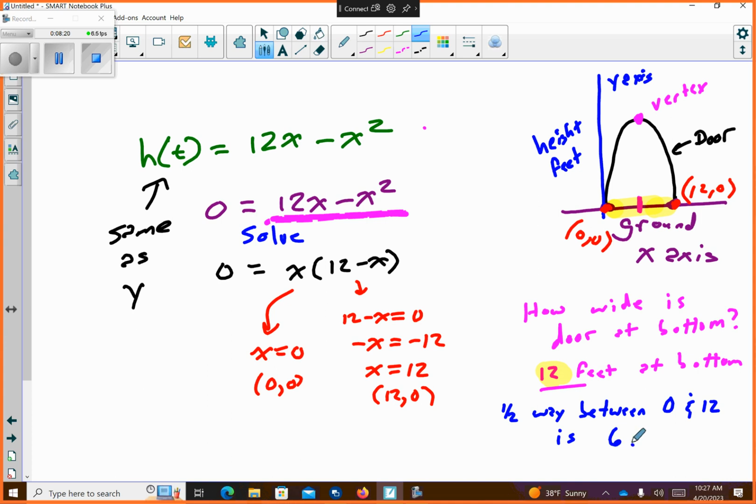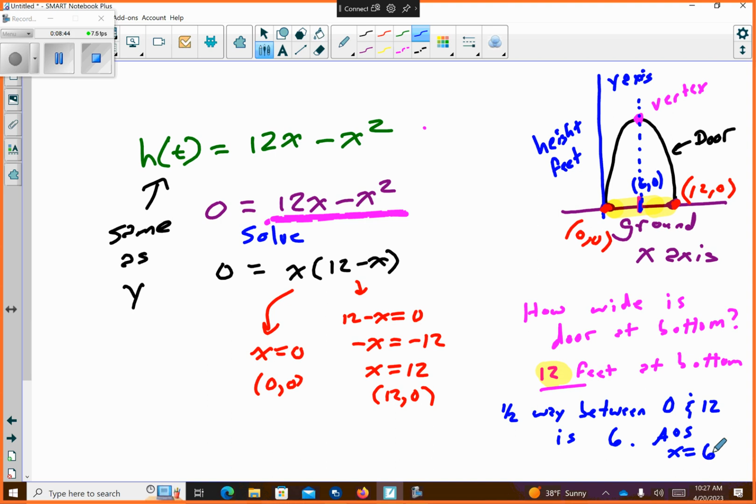So 6 is probably our axis of symmetry. So this point here is 6, 0 right here. Okay? That's where our axis of symmetry lives. Remember, the axis of symmetry includes the vertex. So my axis of symmetry is x equals 6.